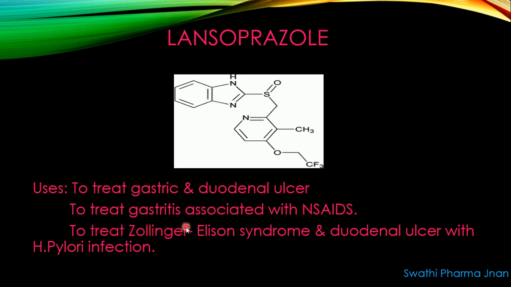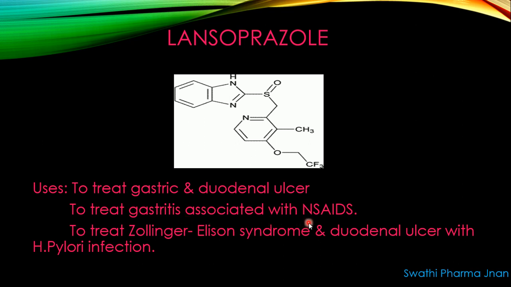It is used to treat gastritis, meaning inflammation of the stomach, associated with non-steroidal anti-inflammatory agents. If the patient has taken NSAIDs like ibuprofen, diclofenac, or aspirin, any drugs related to non-steroidal anti-inflammatory drugs, that can lead to gastritis, which gives the symptom of a burning sensation in the stomach.